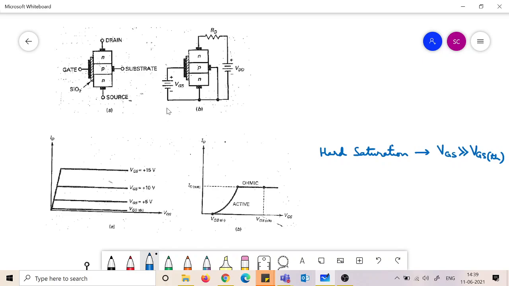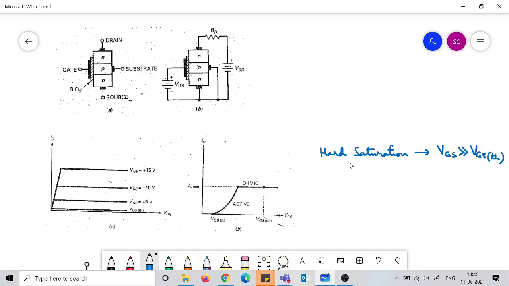As soon as VGS equals to 0, you can understand it is completely cut off. No ID, no current will flow through this device. When VGS is sufficiently higher than VGS TH, your current saturates. There is a constant current now in this part. It is in the ohmic region. So this behaves as a closed switch in that case.